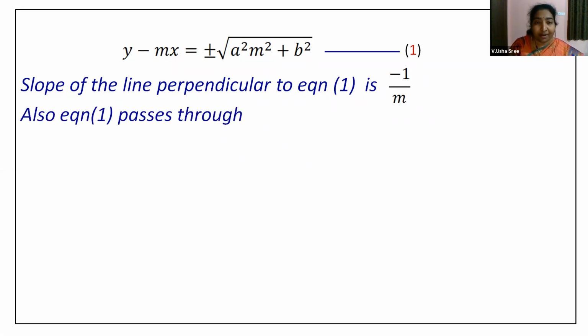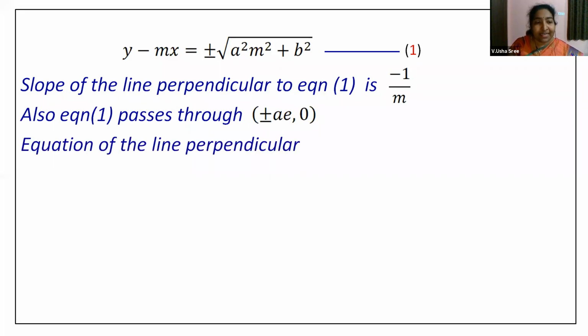The required line passes through plus or minus ae comma 0. What is this ae comma 0, children? It is nothing but the coordinates of the foci, plus or minus ae comma 0.